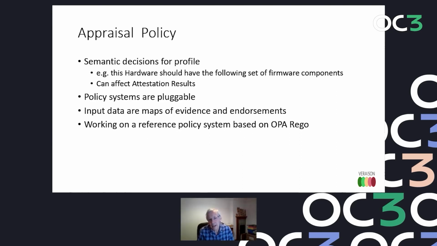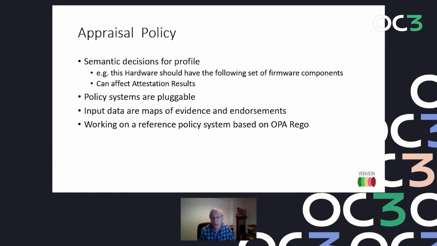Appraisal policy is, if you like, the last stage of the pipeline, and this is an optional piece of the pipeline. However, it's quite an important one, because if you need to make semantic decisions for the profile, it's all very well saying, okay, I have the token and I have checked the values in it are known, are good, but there may also be, and this is maybe particularly important for things like confidential compute, certain other correlations you might need to make.